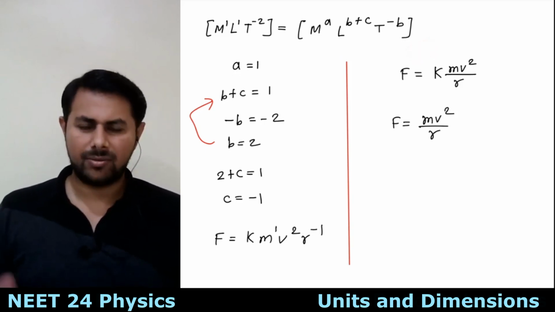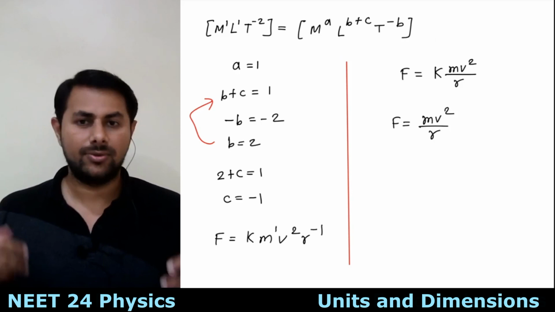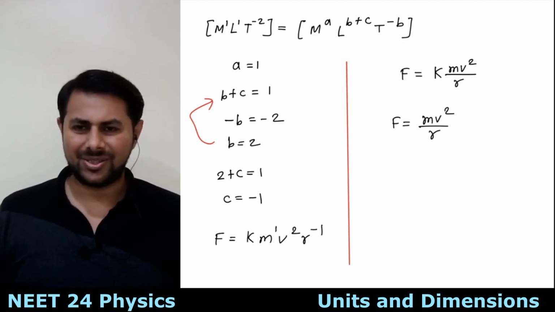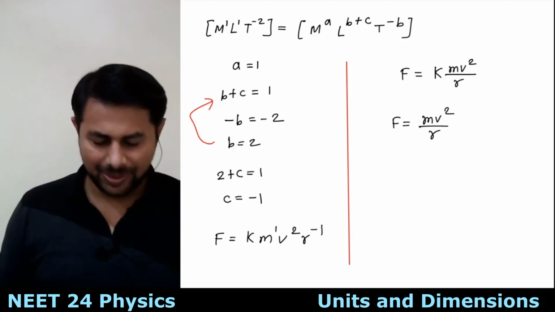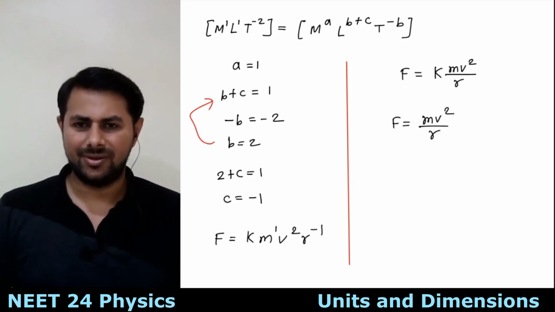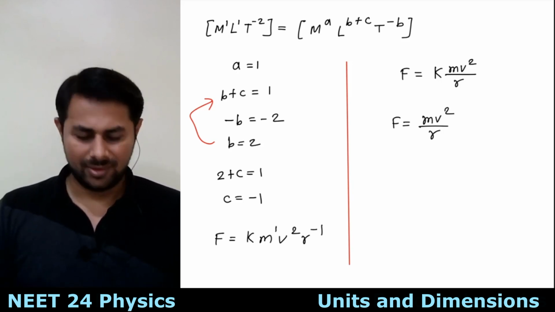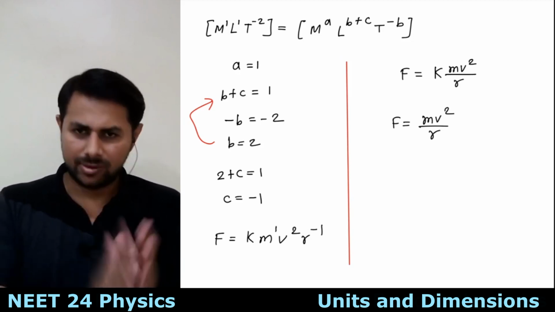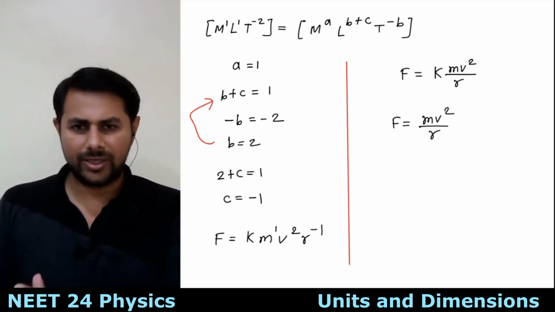But if you have other quantities whose dimensions you don't know by heart, for example the universal gravitational constant, it's very difficult to remember dimensions of every quantity in physics. So those kinds of problems you should avoid on the first page.